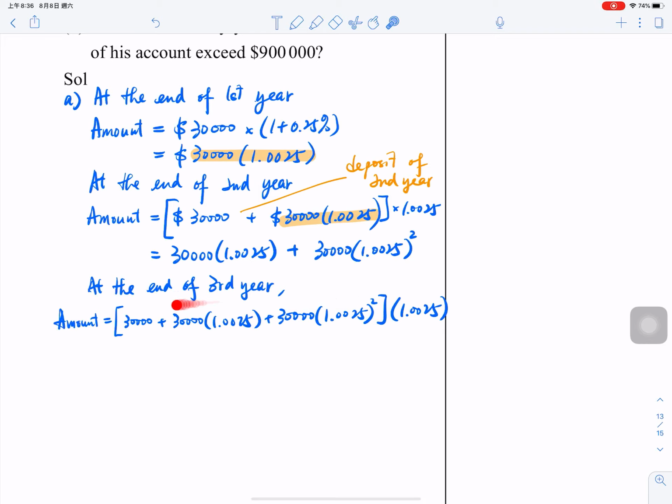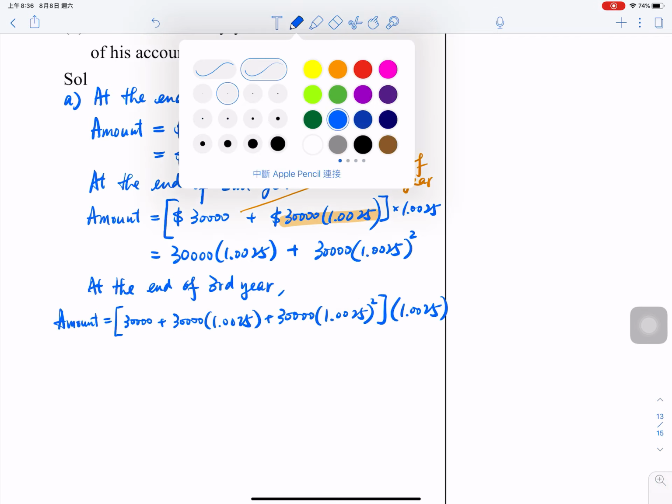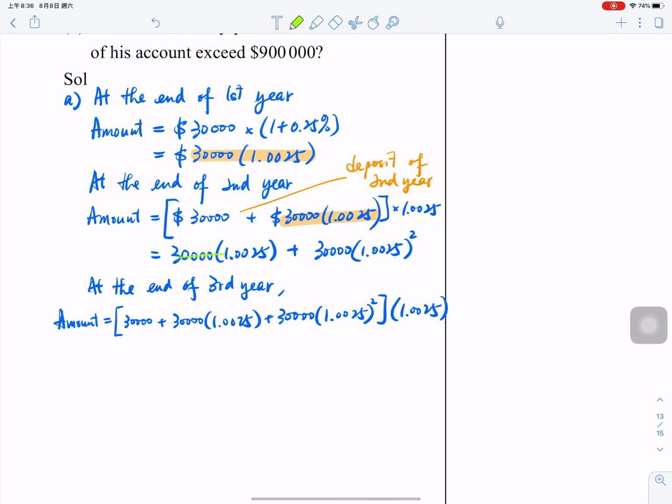This is the total amount of the third year. Oh, sorry, I used this one. Second year, you get this amount, right?